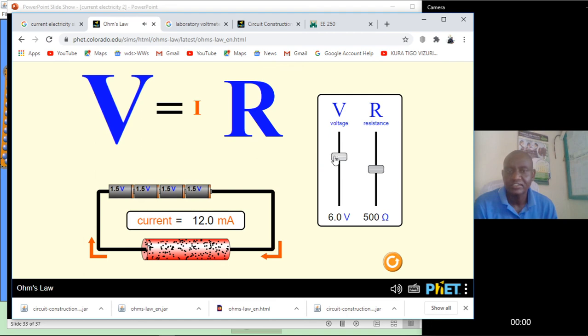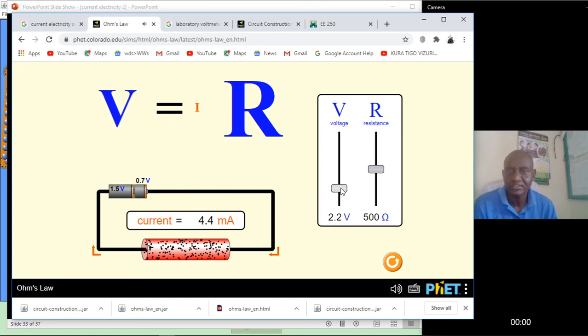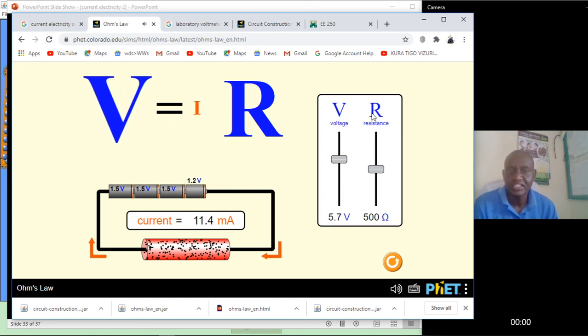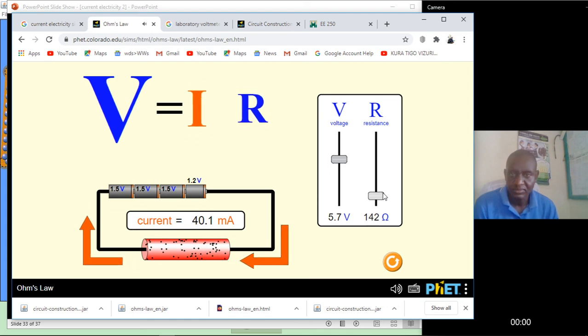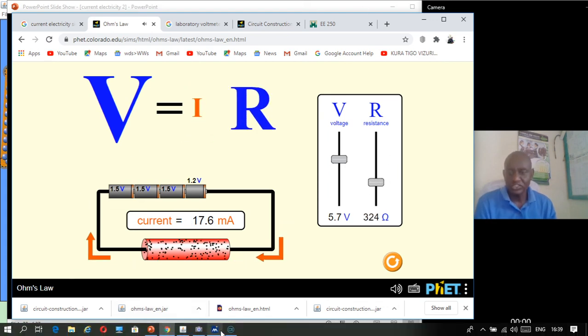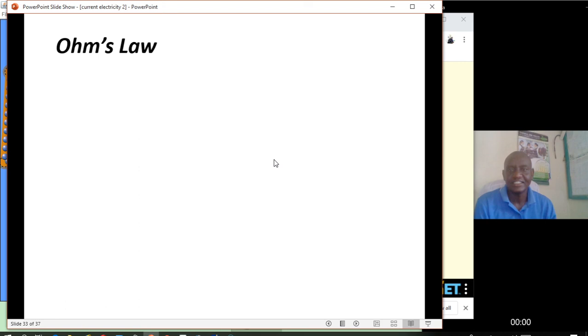Resistance is constant. Voltage goes up, current goes down. Voltage goes down, current... What if we maintain voltage and adjust resistance? Resistance goes up, current... So we will talk more about that in our next lesson, not now.